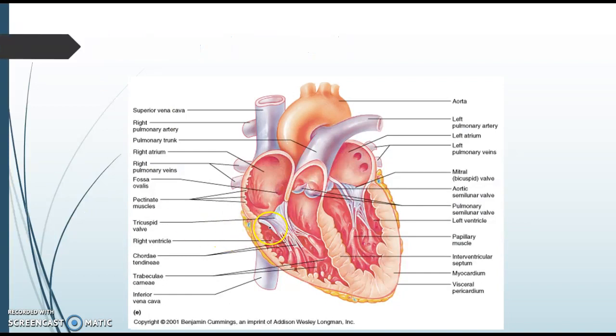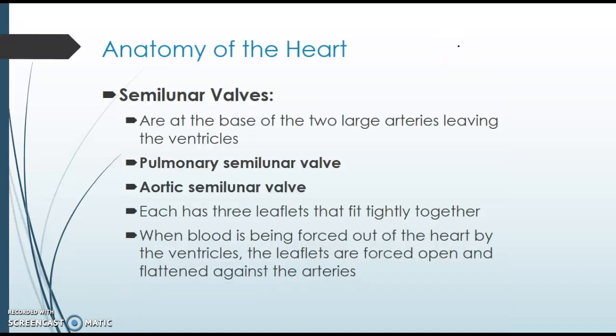All right, so if we look here, these are our AV valves. There's 1, there is 2. This is the tricuspid, so you can see it's separating the right atrium from the right ventricle. And then over here is your bicuspid valve, which is separating the left atrium from the left ventricle. And then these strings here, those are the chordae tendineae, the heartstrings that are actually anchoring those valves down to the ventricles.